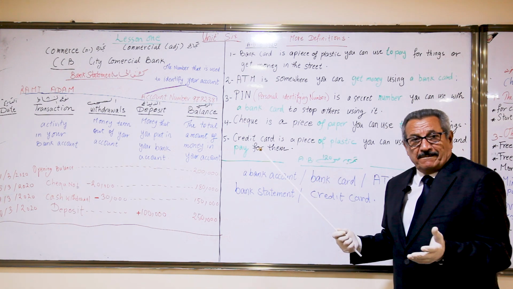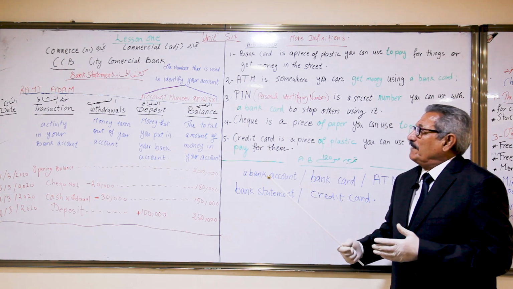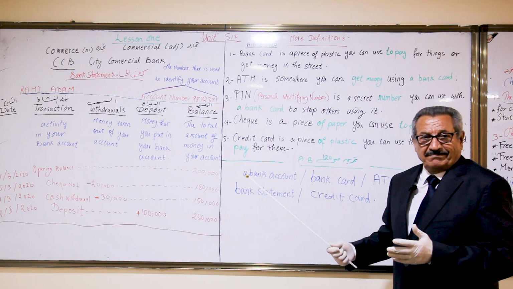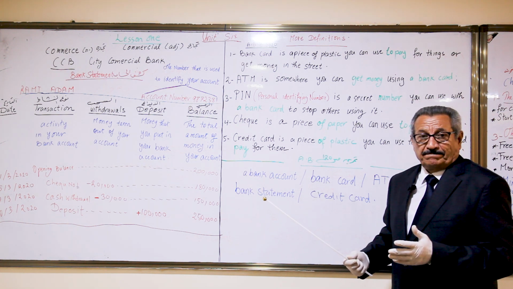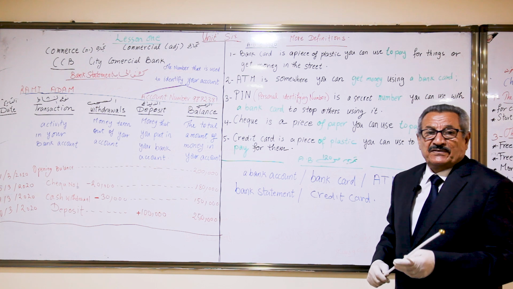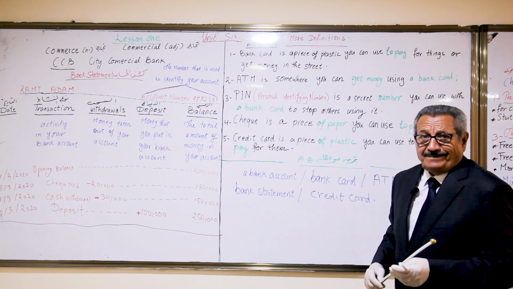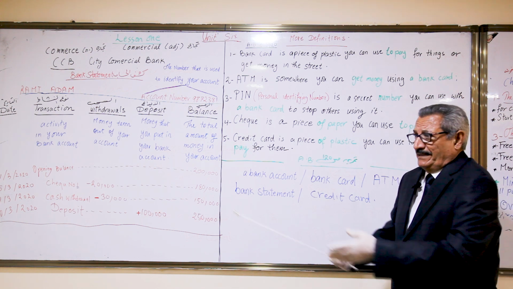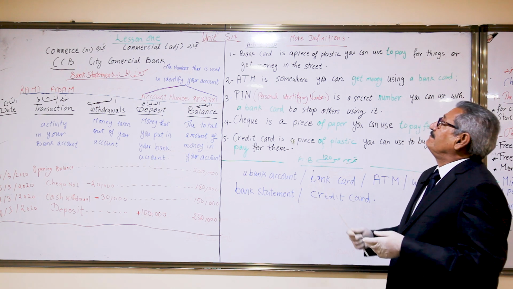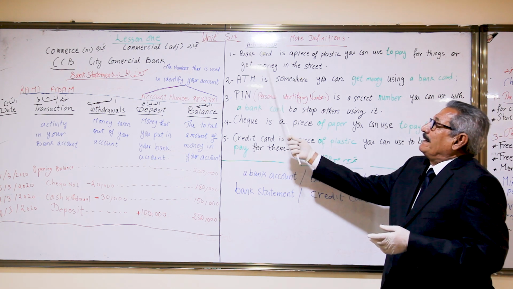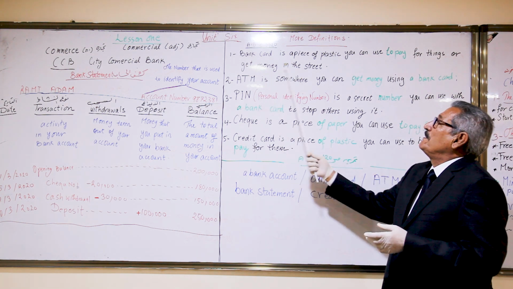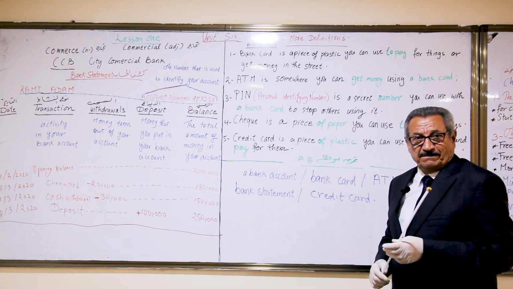What does it mean? Because in the streets we have many ATM. ATM اللي هي آلة سحب النقود. ATM, it's in the street. So you can use a bank card to get money in the street.